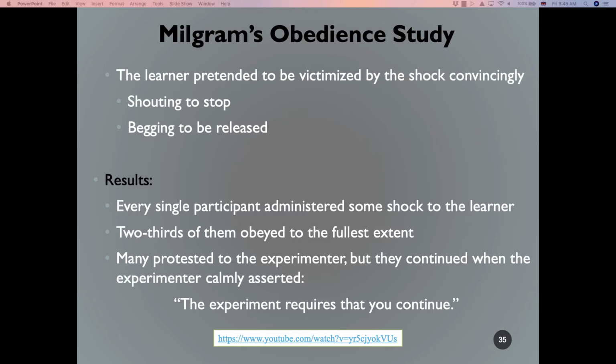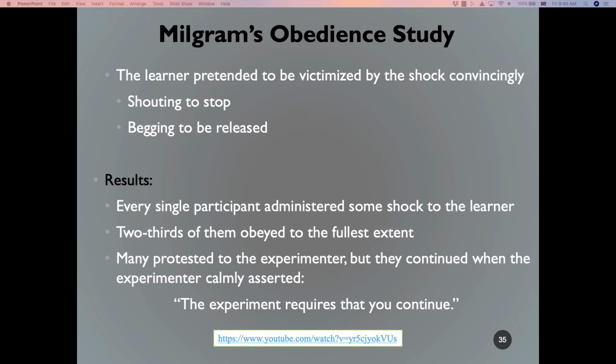And this experiment wasn't really about whether the individual person was aggressive or not. It was about whether they would follow orders, whether they would follow orders when it went against their moral judgment, their moral ethics.